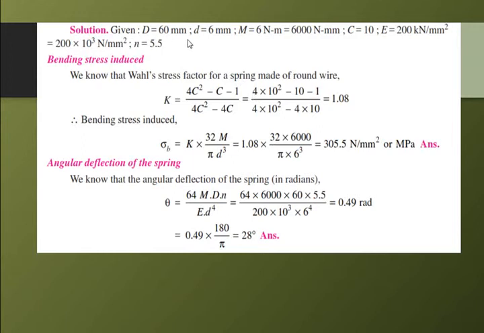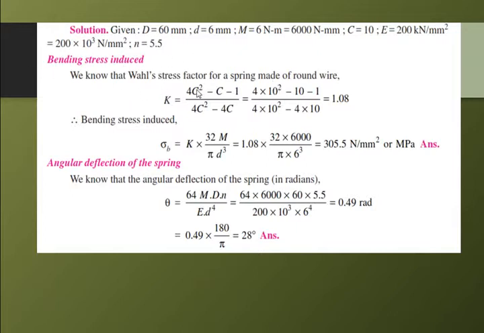Let's see the given data. Capital D is equal to 60 mm, the diameter of spring, and the diameter of the wire is 6 mm. Bending moment M is equal to 6 Newton meter, that is 6000 Newton mm, and spring index C is equal to 10. Young's modulus E is equal to 200 kilonewton per mm square, which is 200 into 10 cube Newton per mm square, and the number of turns is 5.5. By using this you need to find the bending stress induced.